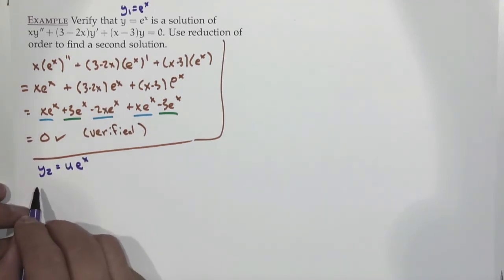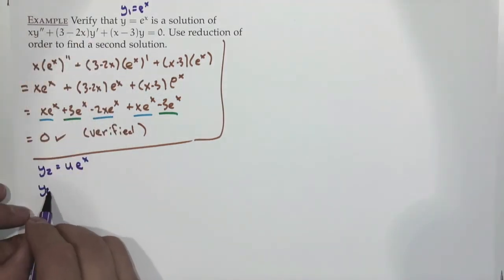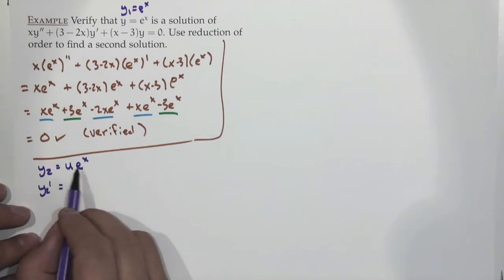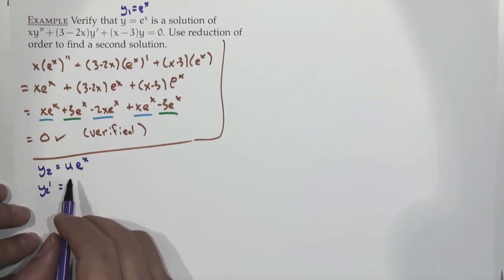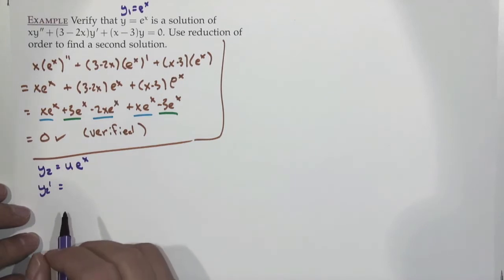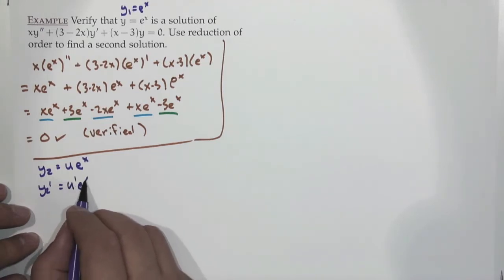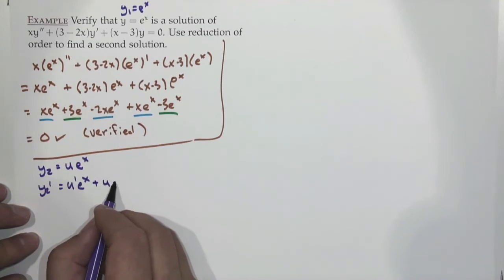All right, so we have to find the first derivative. So y2 prime. What rule do you use for taking the derivative of u times e to the x? Product rule. Is anyone brave enough to tell us out loud what it is? No? Okay. Derivative of the first times the second plus the first times the derivative of the second.